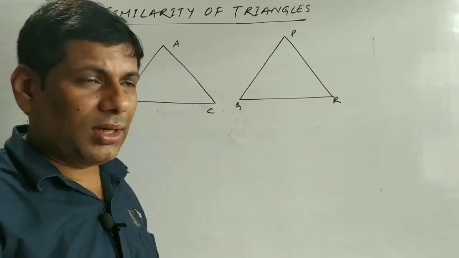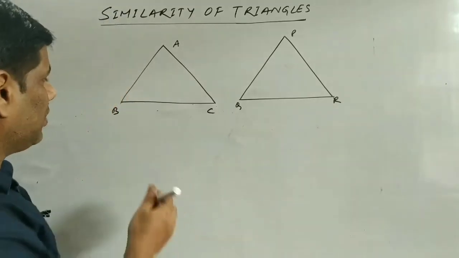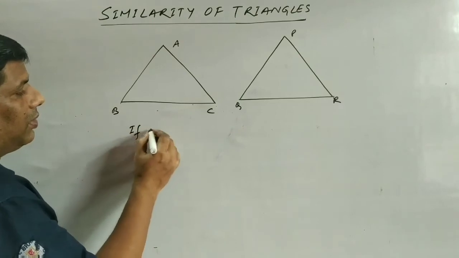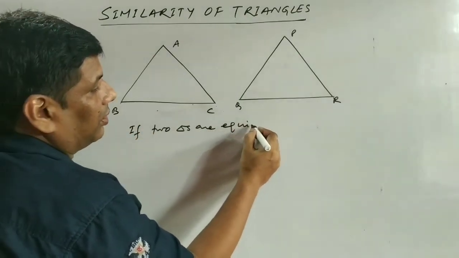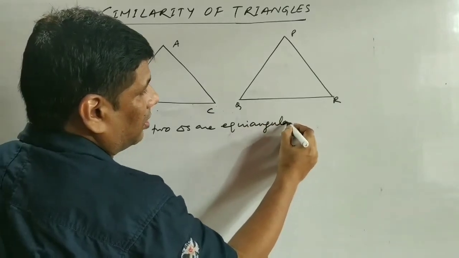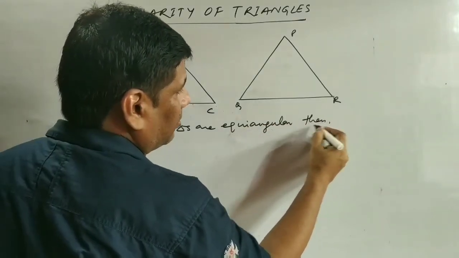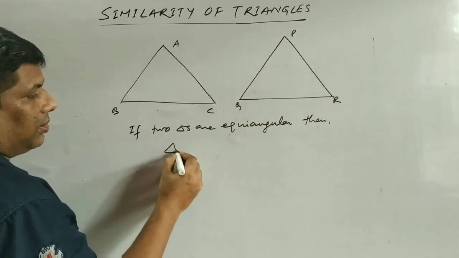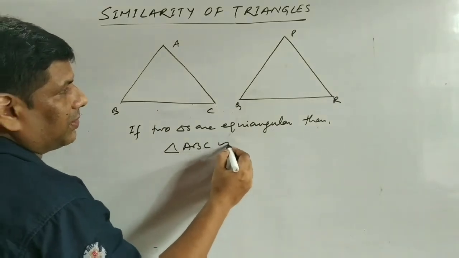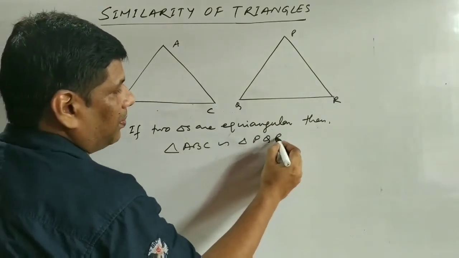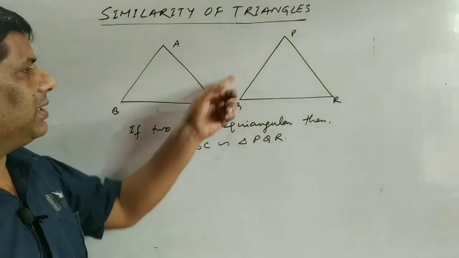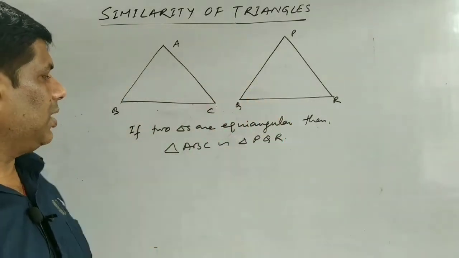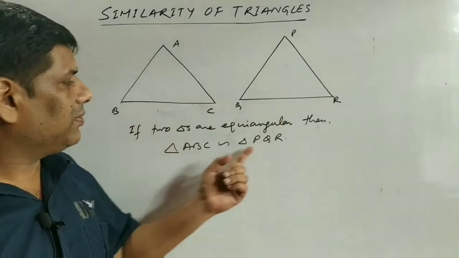So if two triangles are equiangular, then the triangles will be similar. Then triangle ABC is similar to triangle PQR.